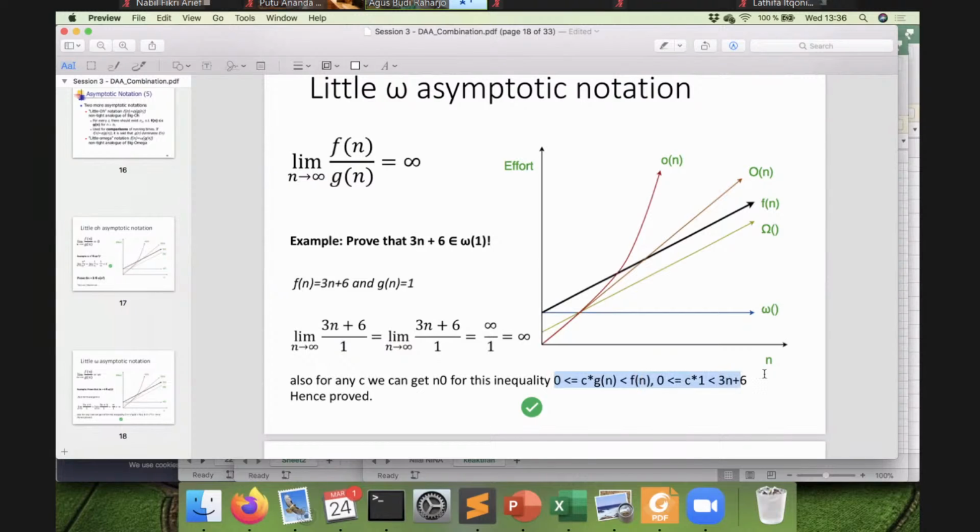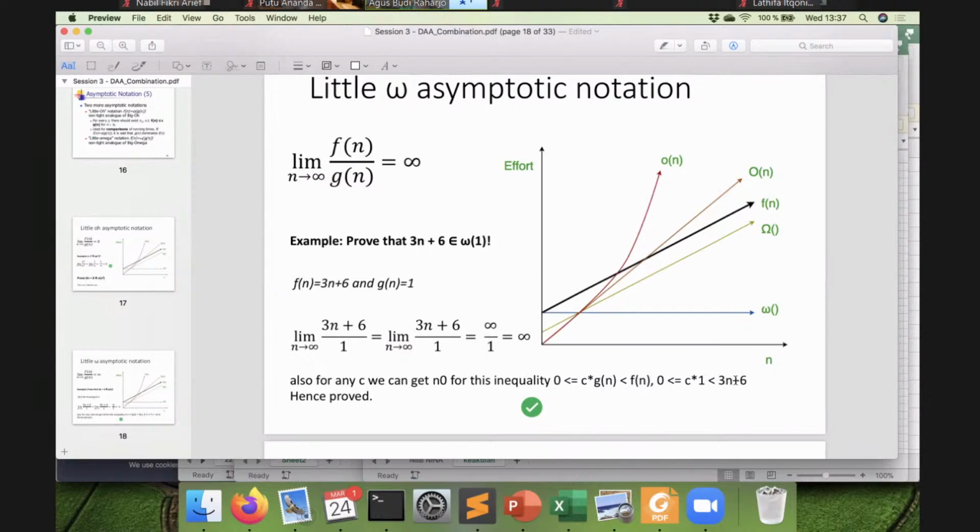This is the 0 less than or equal to c g(n) less than f(n). As we can see, the constant times g(n) is less than f(n). Then it's equal to something like this. We replace g(n) and f(n) with 1 and 3n plus 6.